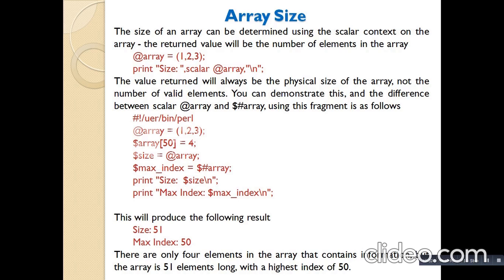But here the size is 50, and after that we add one more element, so the size becomes 51 and the highest index value is 50. Now with the help of print we are printing the size, that is 51, and the max index, which is the value of the $max_index variable, that is 50. This is how the output will be produced.